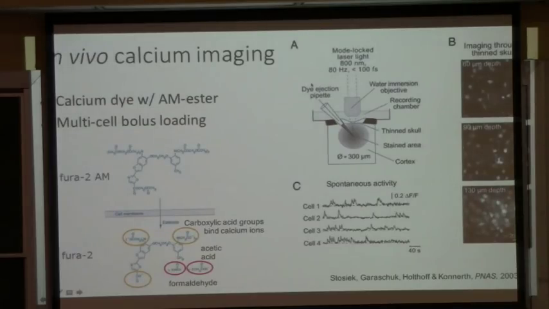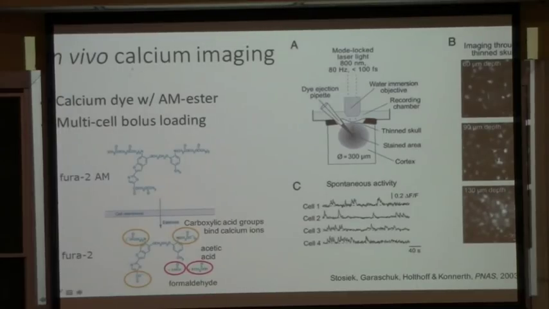The last one he's talking about is calcium imaging. Calcium imaging is pretty popular these days. It's based on the principle that when a neuron fires an action potential, calcium flows into the neuron. The calcium channels open, and the calcium inflow causes the depolarization of the cell membrane and the increase of the potential to fire an action potential.